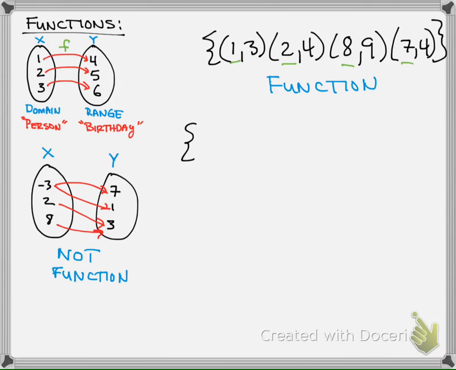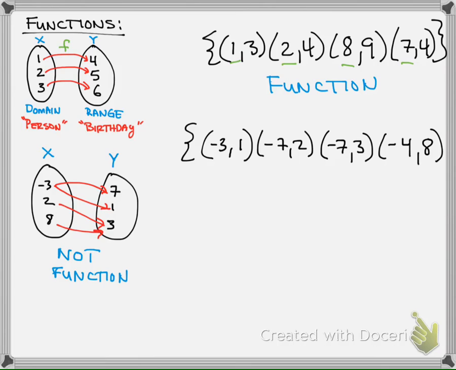Another example. If I gave you (-3, 1), (-7, 2), (-7, 3), and (-4, 8). In this case, we see, looking at the x values, that the -7 appears twice in two different points.